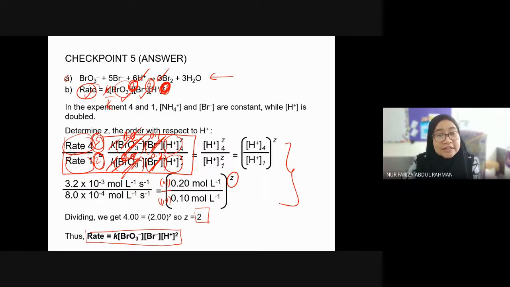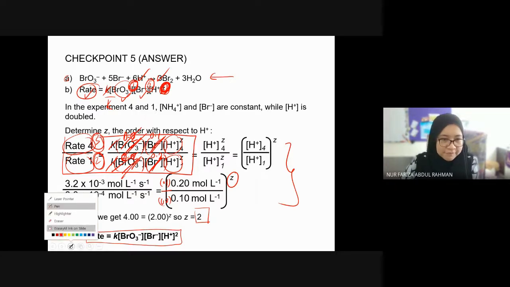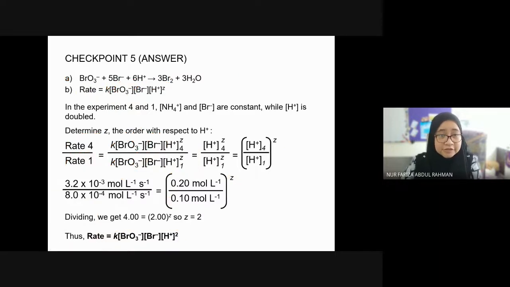Sebab this one, kita bukan come out dengan suka-suka je. This is based on rate law. Rate law depends on the number of reactant present, betul tak? So the reason we have BrO3 minus, Br minus and H plus, because they are all included in the rate law.